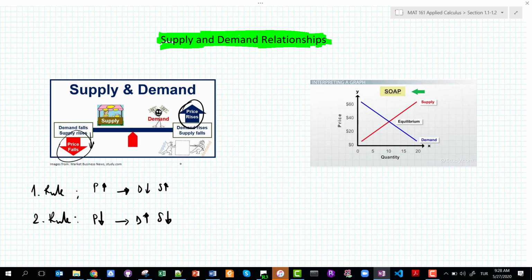As you see in the second graph, like soap, or these days the hand sanitizer, which is in demand, we can just think that the relationship is linear to simplify our process.